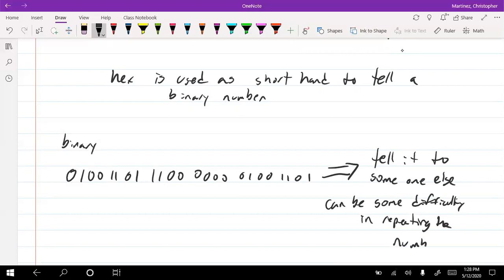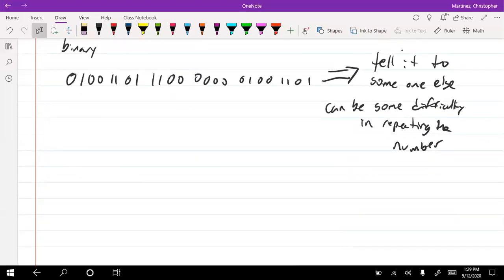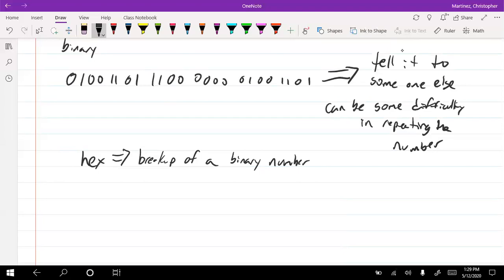So to make things a little bit easier, what we look at is that we say hex is the breakup of a binary number into groups of 4 bits.